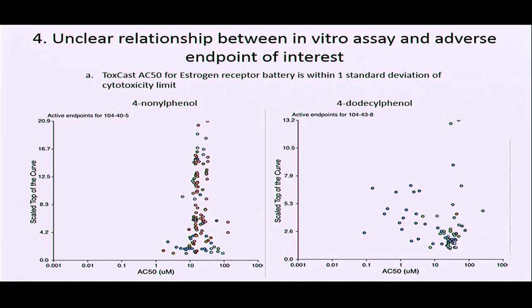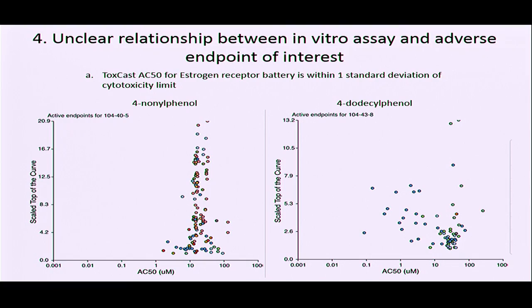So the last point that I want to make is this is data that Lisa showed. I'm going to discuss it in a slightly different way. What I'm going to call an unclear quantitative relationship between the ToxCast assays and the adverse endpoints of interest.